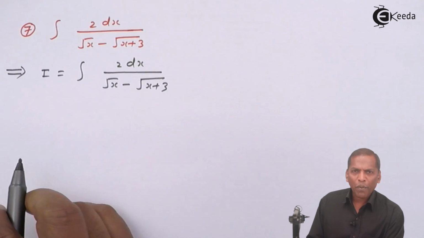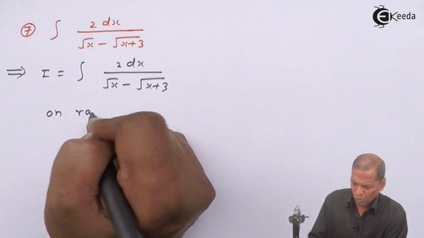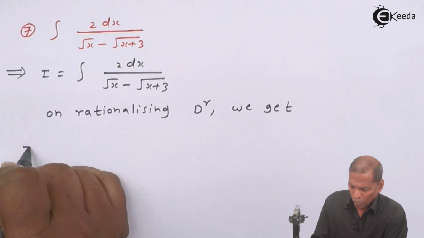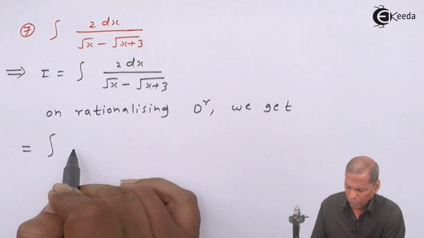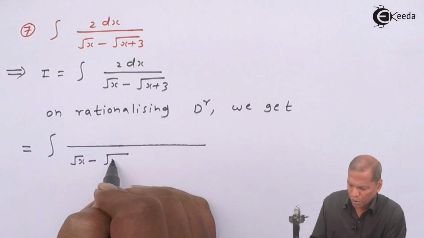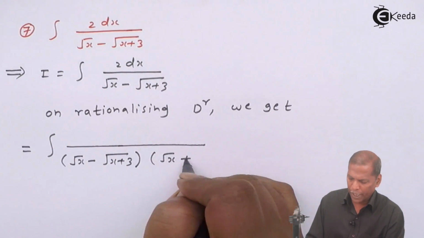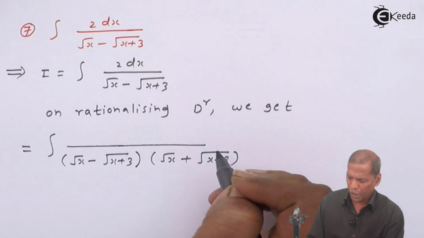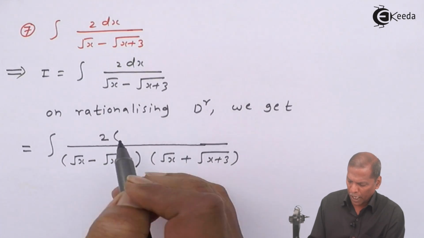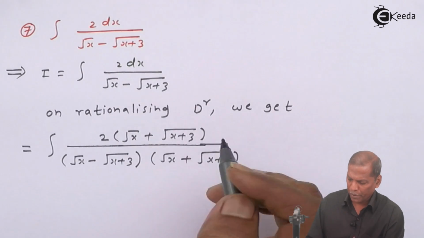Since the radical part is present in the denominator, on rationalizing the denominator we get I equal to integral, in the denominator we write in the first bracket root x minus root x plus 3, and the rationalizing term, that is root x plus root x plus 3, in the second bracket, and in the numerator we write 2 as it is and the rationalizing term, root x plus root x plus 3, bracket complete, into dx.